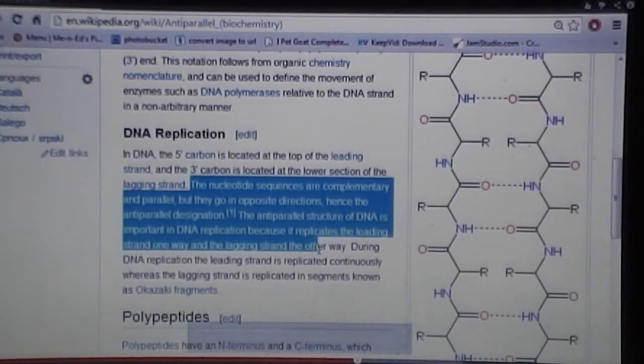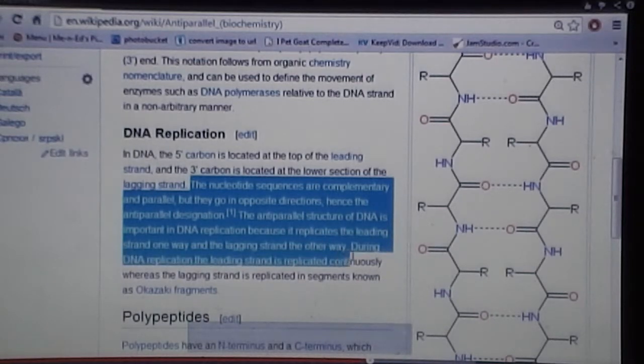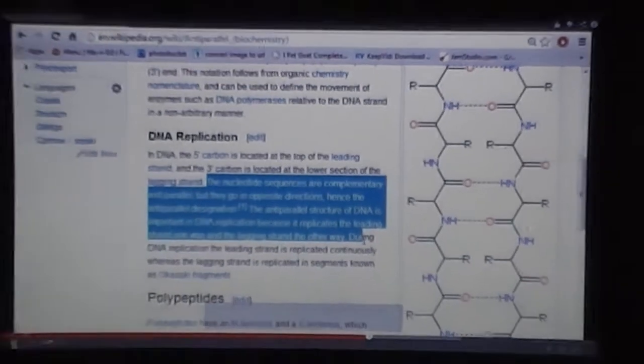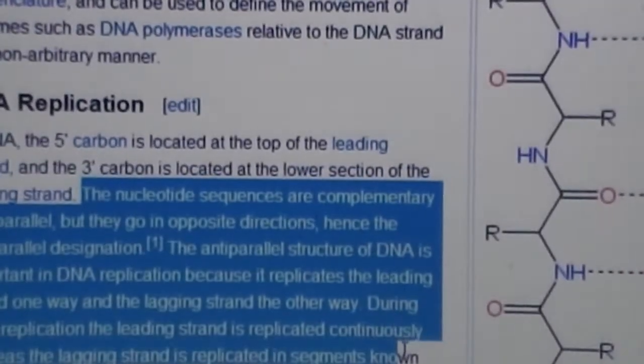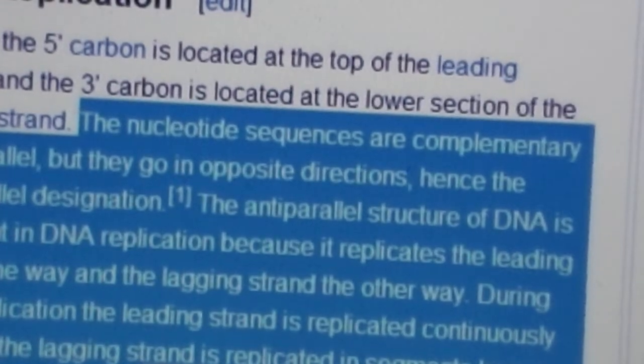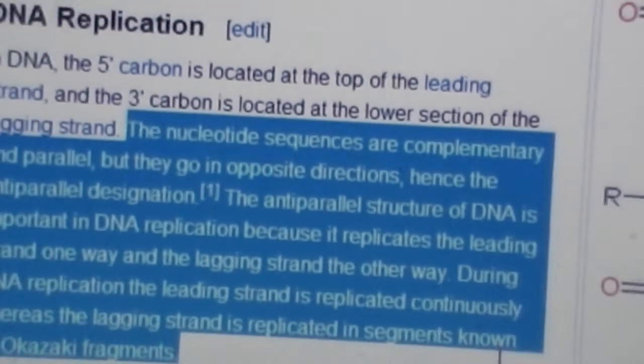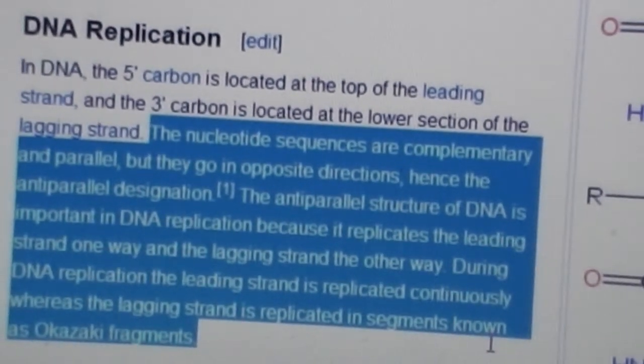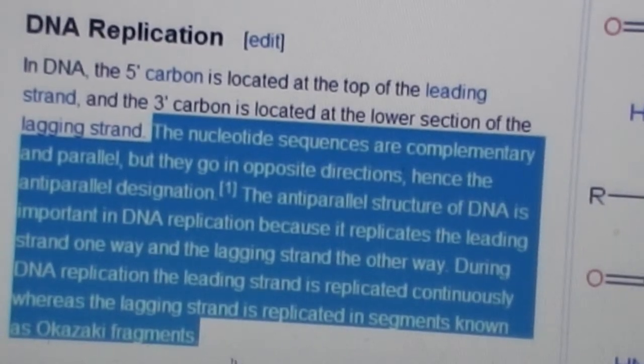The anti-parallel structure is important in DNA replication because it replicates the leading strand one way and the lagging strand the other way. During DNA replication, the leading strand is replicated continuously, whereas the lagging strand is replicated in segments known as Okazaki fragments.